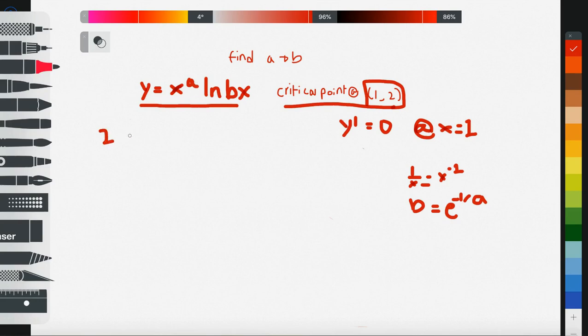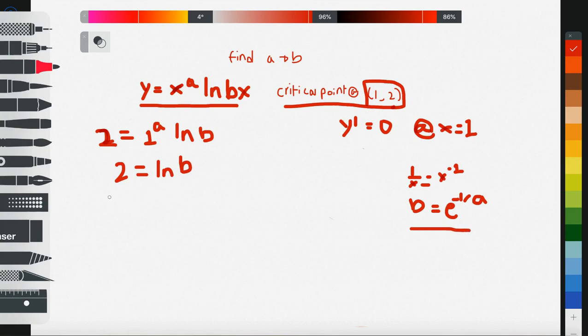So 2 equals 1 to the power a, then ln b. To make this clear, it's 2. And so that easily simplifies to 2 equals ln b, and we know b is equal to this.